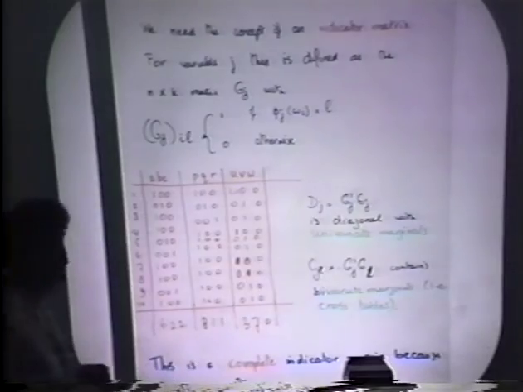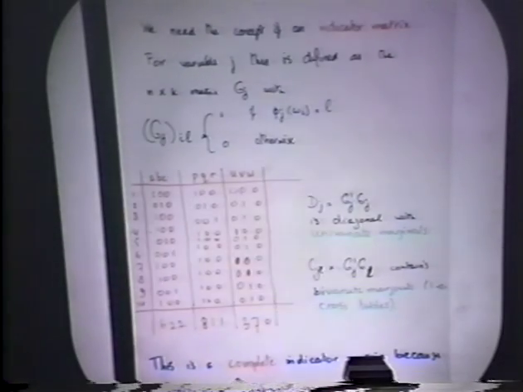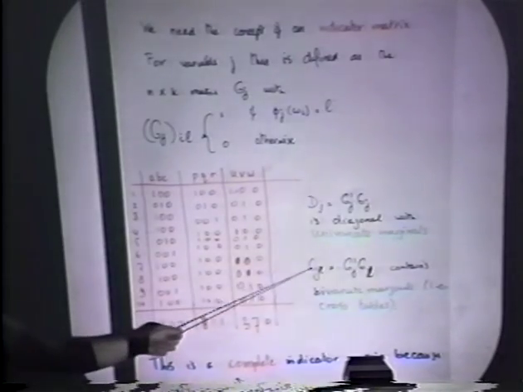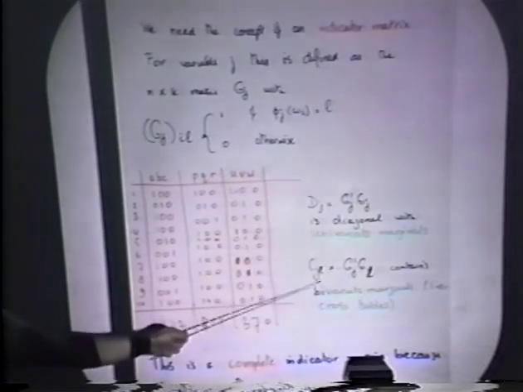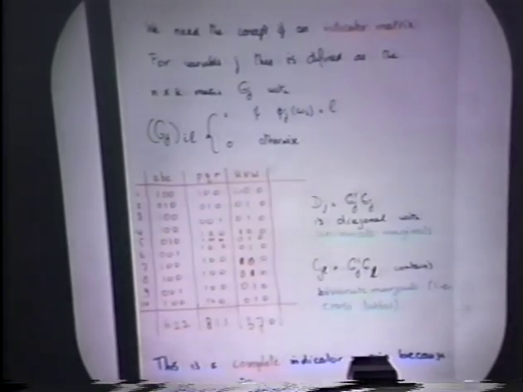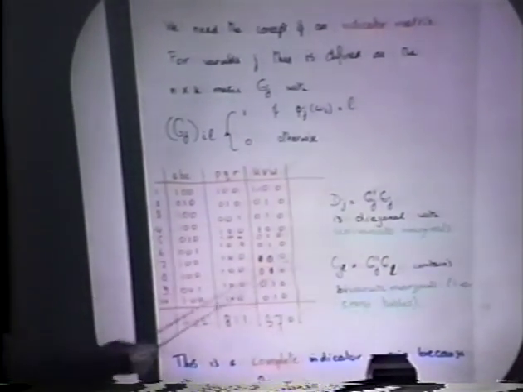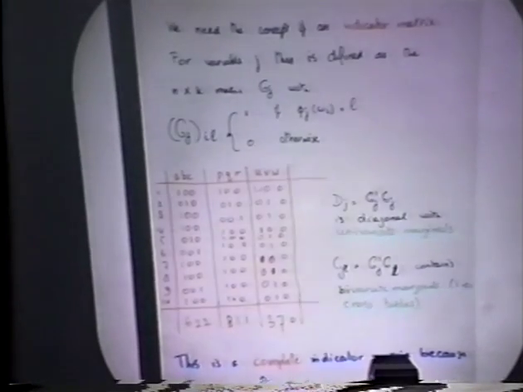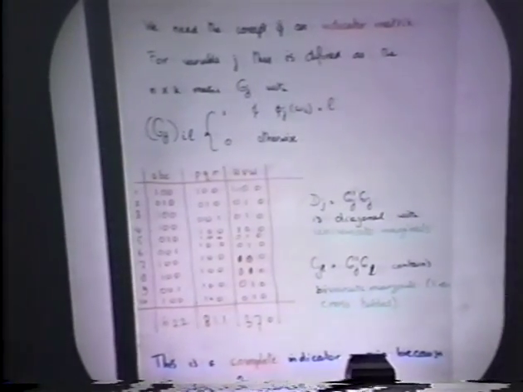There's also the cross product of two different indicator matrices, which is interesting. For that I use the notation Cjl. This is the cross product of the indicator matrix of variable j and the indicator matrix of variable l. This Cjl is the bivariate cross table of the variables.